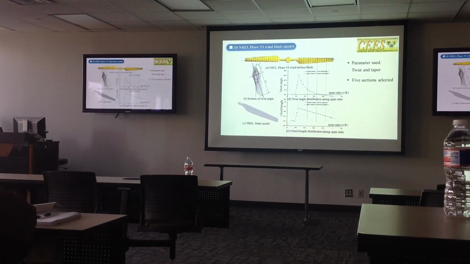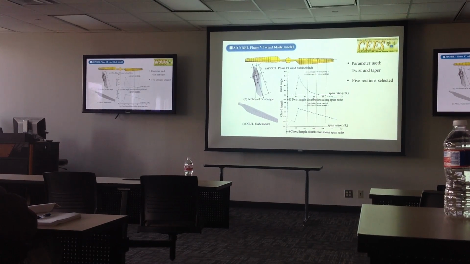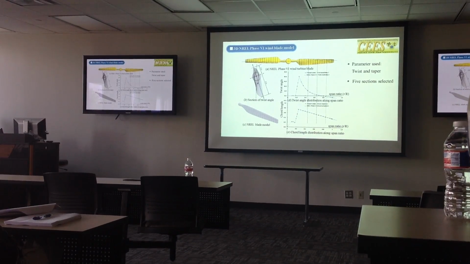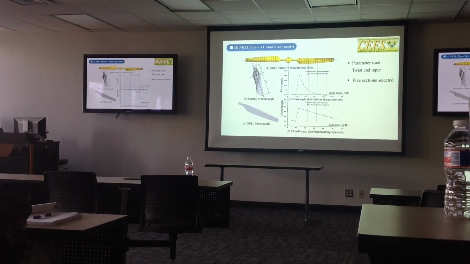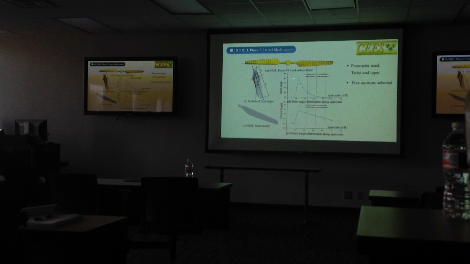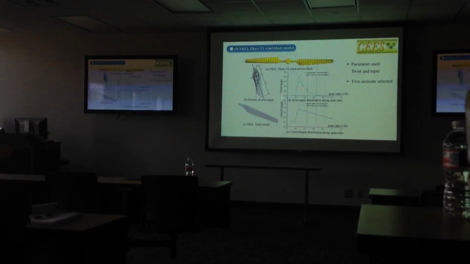This slide shows the parameters that we use to build our simulation blade. You can see this blade is twisted and also tapered. The twist starts from the heart of the blade to the tip, and changes linearly, and the maximum twist angle is around 20 degrees.